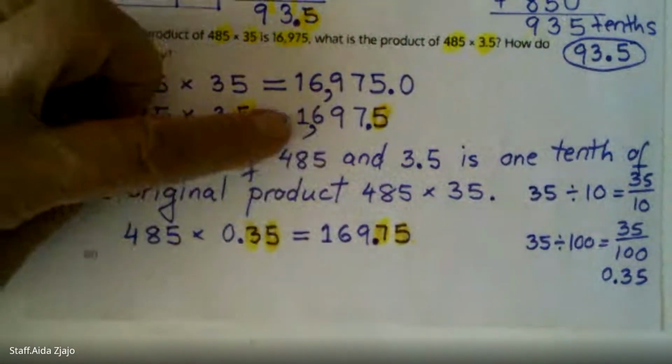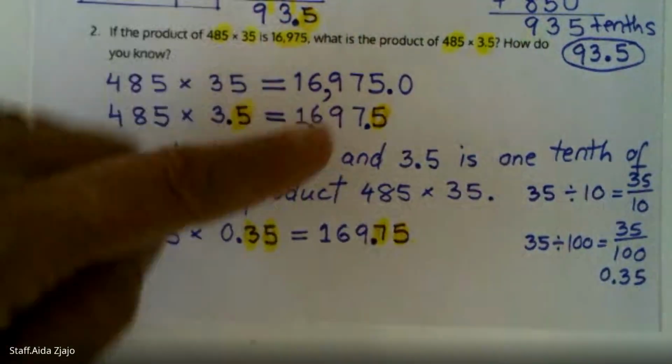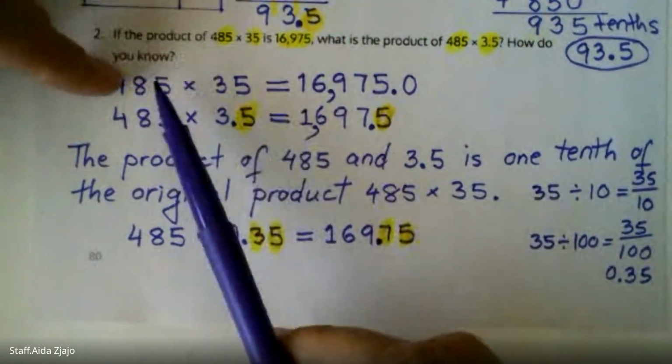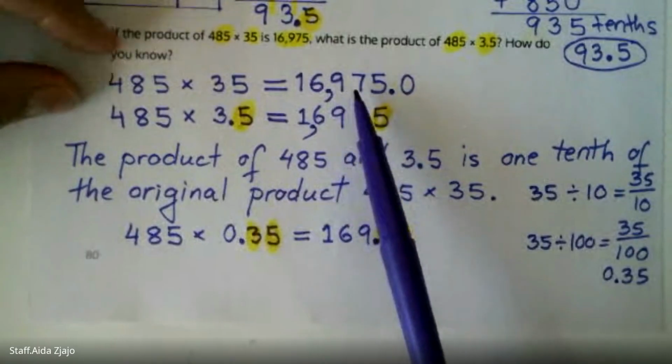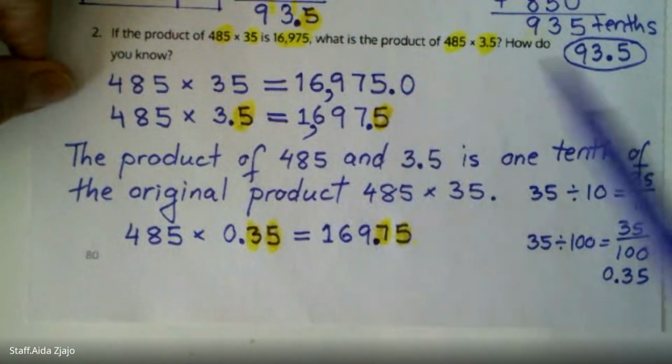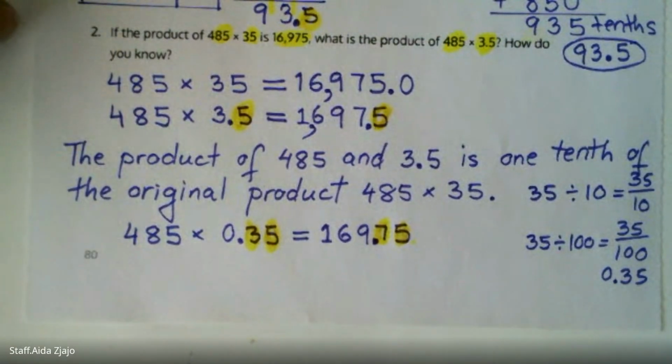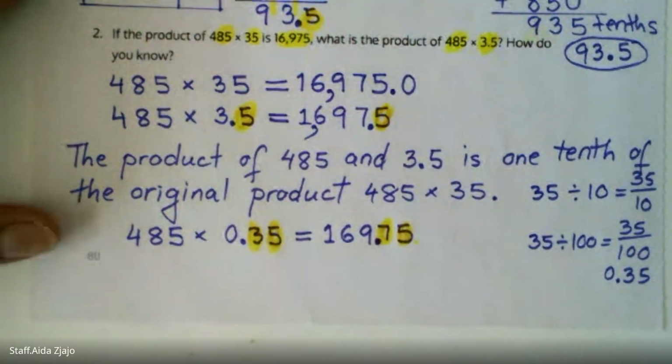And this was 1,697 and 5 tenths, and this was with whole numbers, 16,975 and 0 tenths. So that's the explanation for number 2.